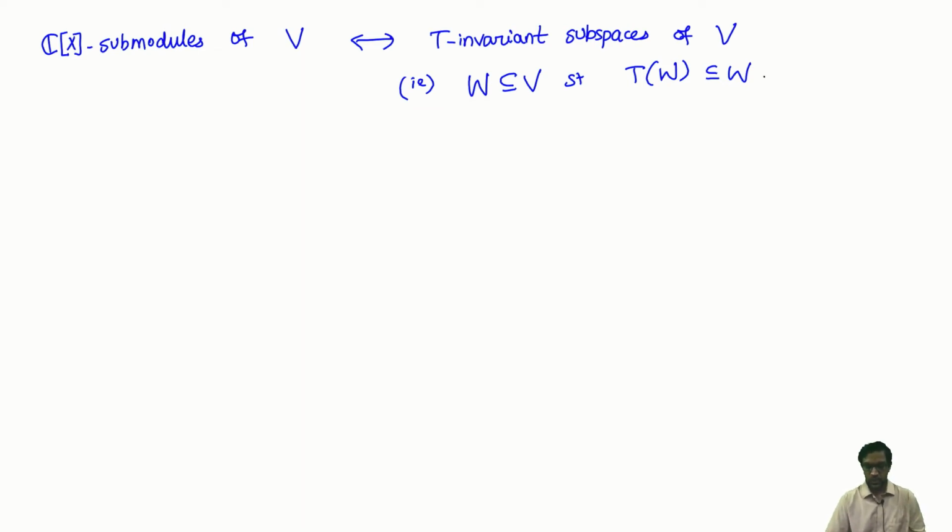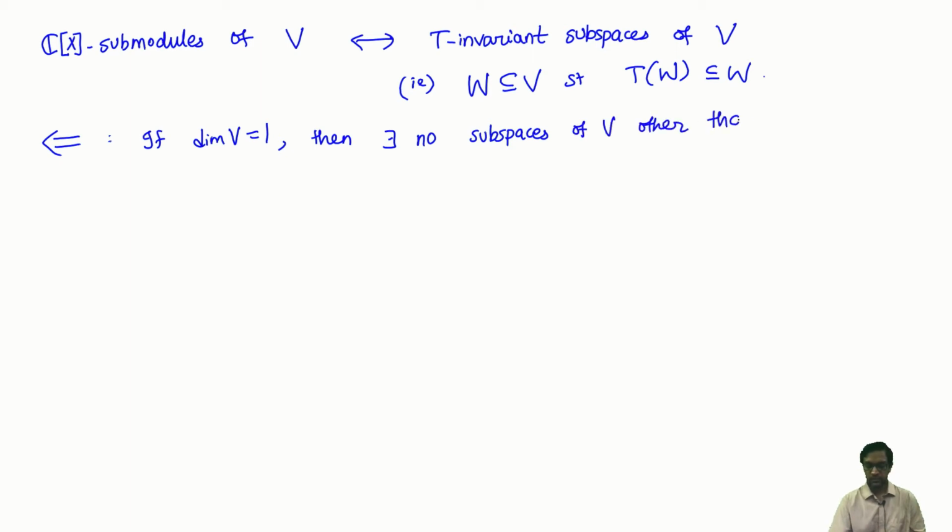So now let's prove one direction. If the dimension of V is 1, then of course there are no subspaces other than 0 and the whole. There are not even subspaces of V other than 0 and the whole, never mind submodules.